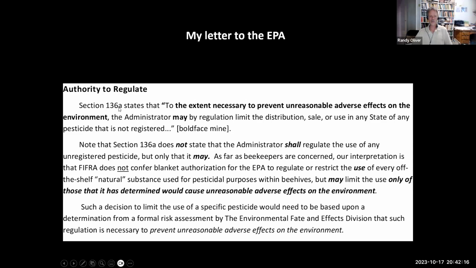Section 136A in FIFRA. I don't know how familiar the rest of you are with section 136A of FIFRA, but it was worth a read because it has this word right here, may.